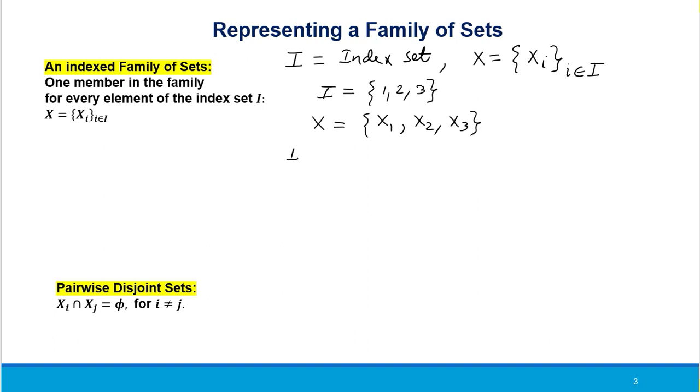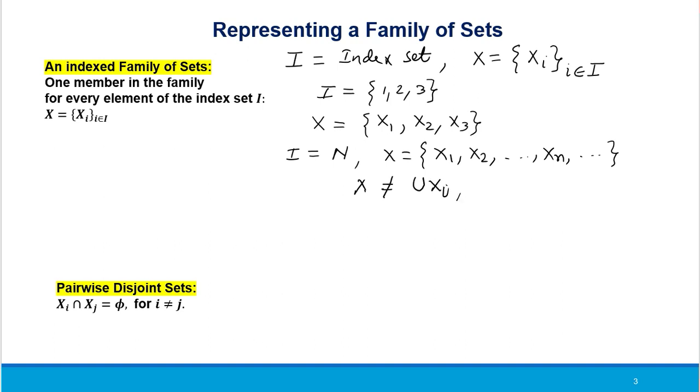And if we take the index set as the set of natural numbers, then our family becomes X1, X2, ..., Xn, and like that. Let us not confuse that X is equal to Xi.